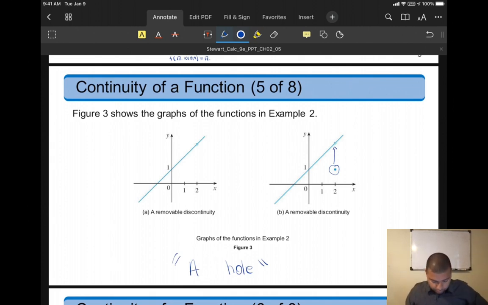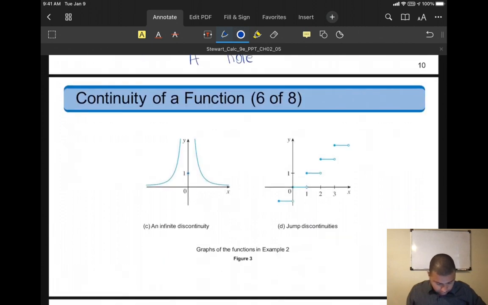Okay. This is an infinite discontinuity, right? It's a lot harder to fix, which is what I drew before. And this one is D, which is f of x equals the floor of x. When you do it by hand, sometimes you write it like this.